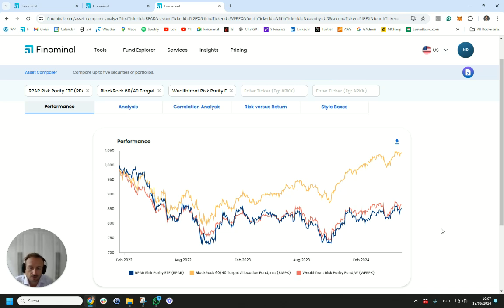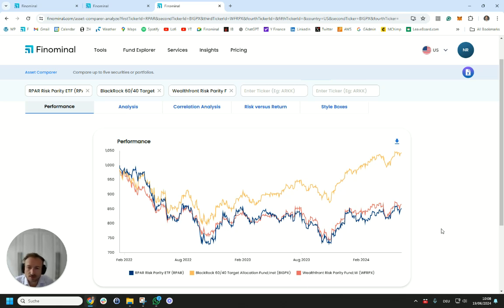Now, you can look at the performance over here and argue it has underperformed the 60/40 portfolio. Sure, but the asset class is also different. RPAR does have exposure to TIPS, to gold, to commodity producing stocks, and so on.